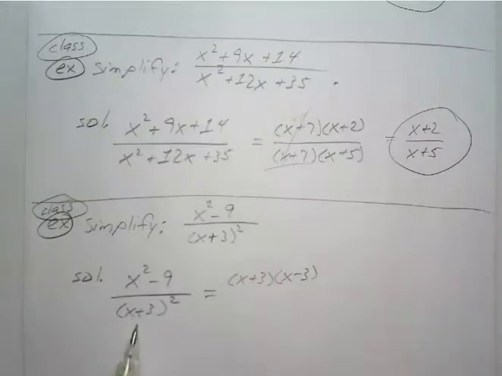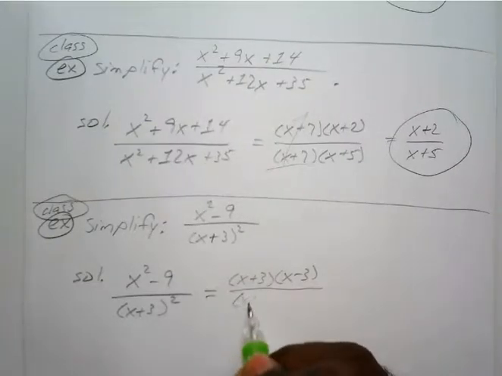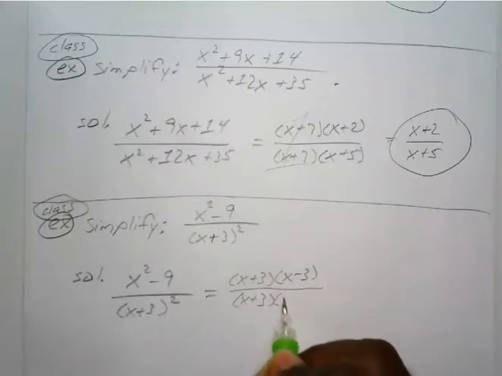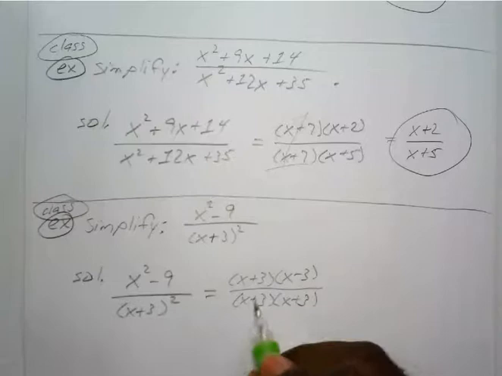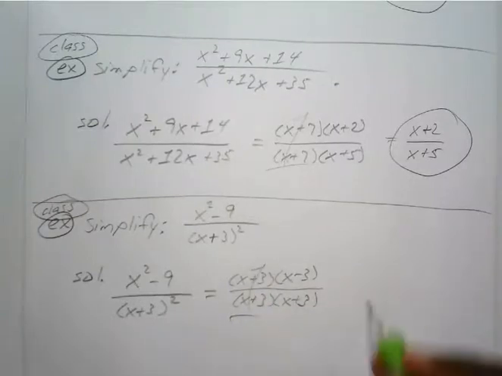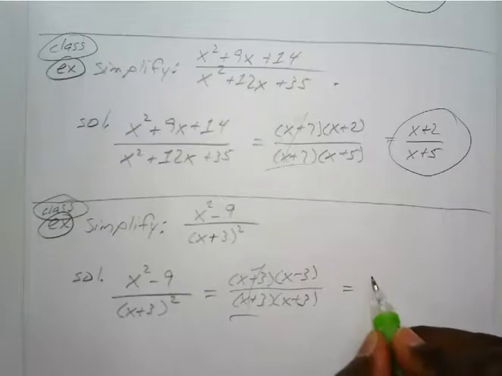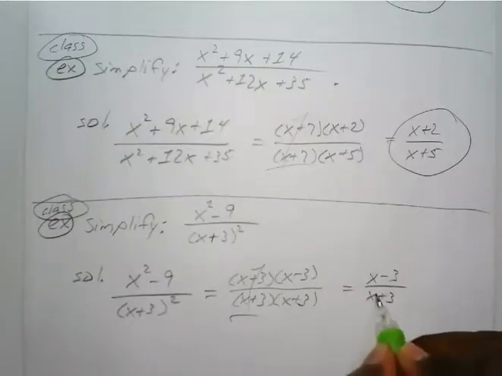We can see here (x plus 3) squared is just (x plus 3) times (x plus 3). Anything divided by itself is 1. That's just going to be (x minus 3) over (x plus 3).